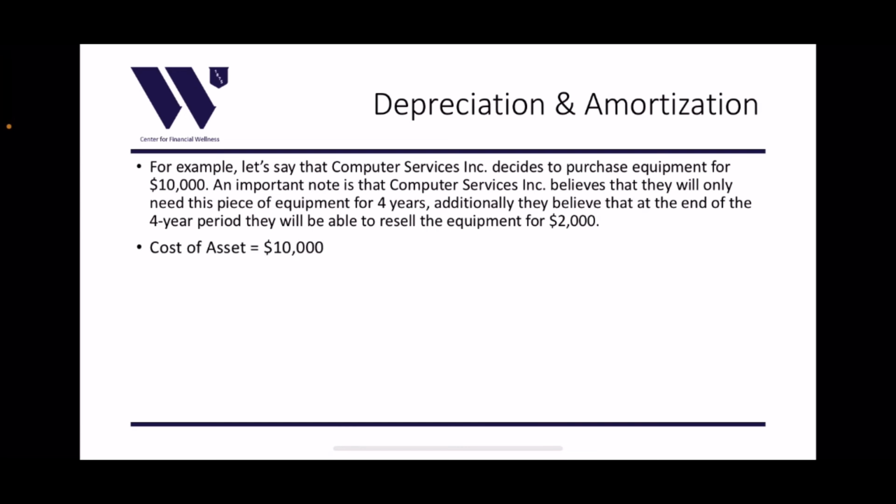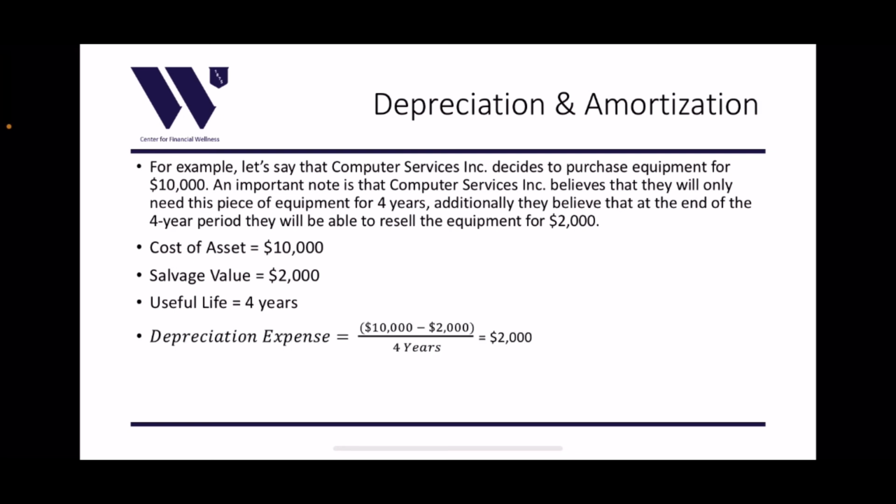So in that equation, we're looking for the cost of the asset, the amount we're going to pay up front for that piece of equipment, and we know that's $10,000. We also know that once they're done using this machine they'll be able to sell it for $2,000, and that the useful life for this piece of equipment will be 4 years.